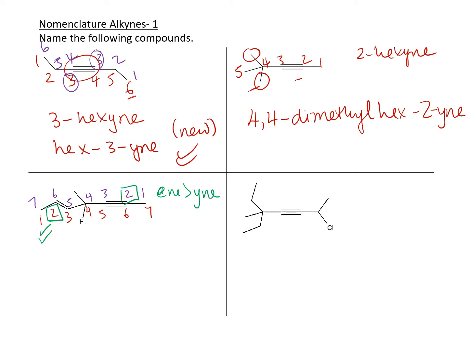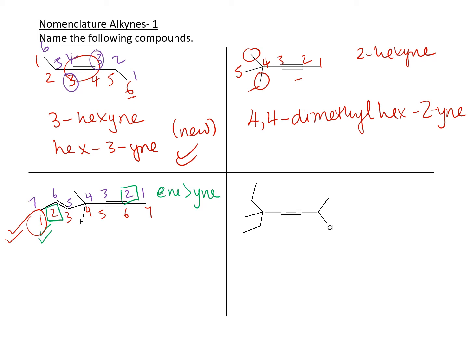Now if the double bond was on the 3rd carbon, then you would go with the ine, because then numbering takes precedence. But if both of them are on the same numbering, then you take ene as your priority. So we are going to follow the red numbering over here. That's the right one to follow.